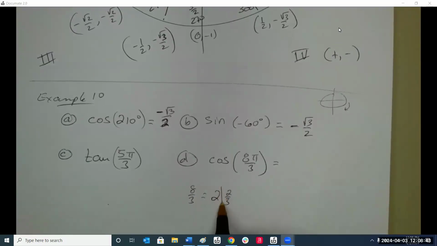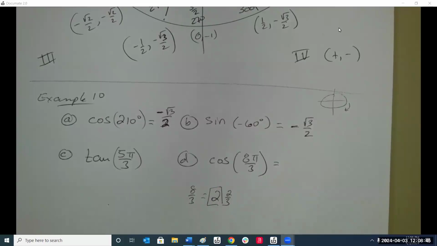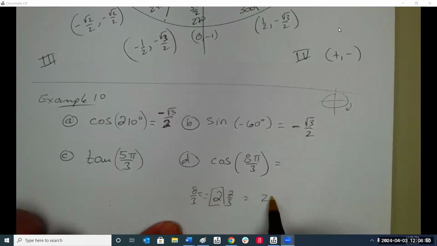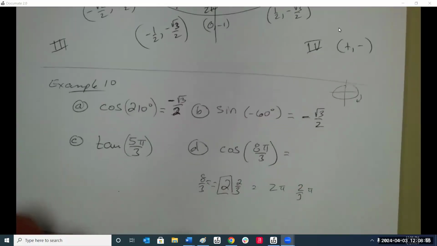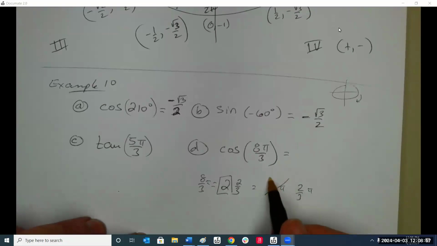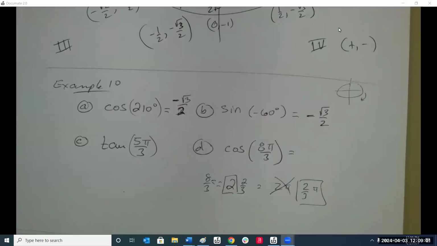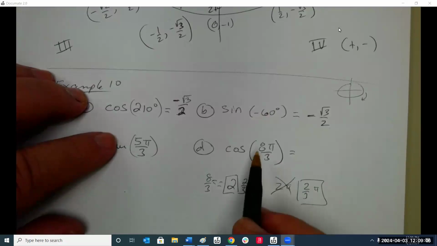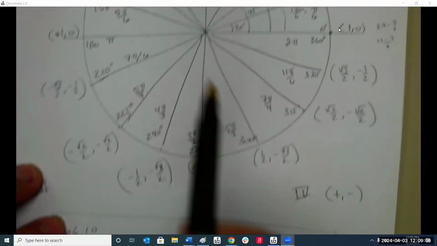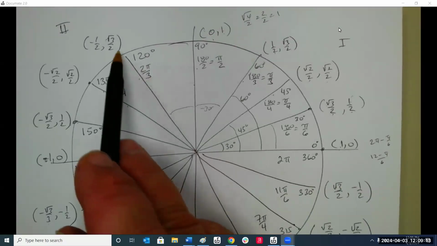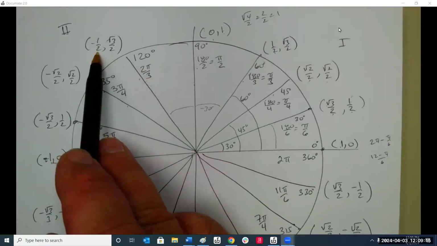So what this means is it goes around 2 pi, because 8 pi over 3 becomes 2 pi and 2 thirds pi. 2 pi is a complete circle, so we don't have to worry about it. So we just have to go to 2 thirds pi. Where is 2 thirds pi? We want the cosine of it. 2 thirds pi is in the second quadrant at 120 degrees. So the answer is negative 1/2.